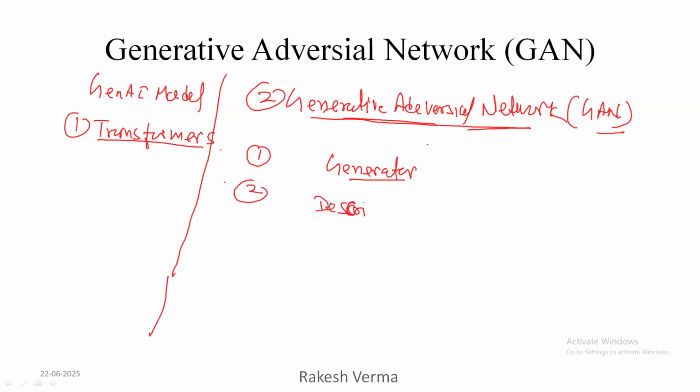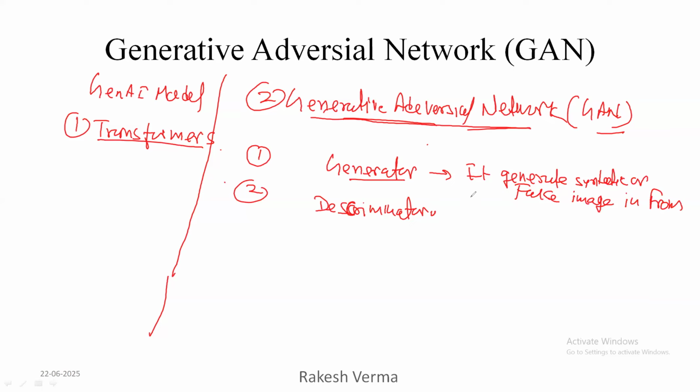This is the discriminator. So what is the role of the generator? The role of the generator is to generate a synthetic or fake image from noisy data, from a noisy image data set.